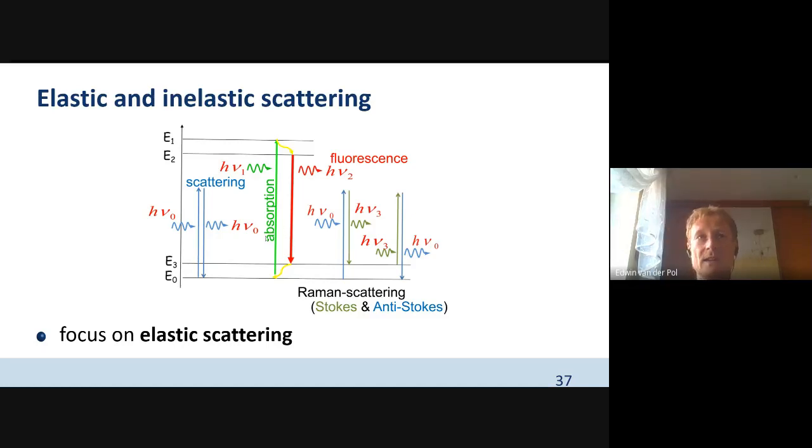So we don't look at any absorption, which would be the case for fluorescence. This usually results in the emission of a photon with lower energy, so a longer wavelength. And we will not look at Raman scattering, where the atom or molecule also goes to a virtual energy state, but falls back to a vibrational state, which also causes the emission of a photon of usually longer wavelength.